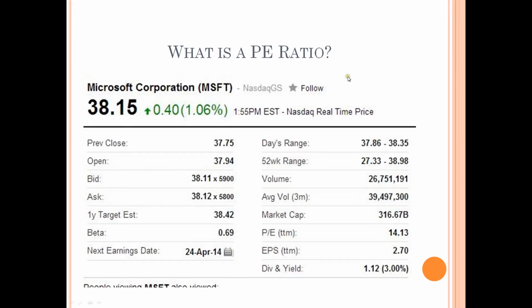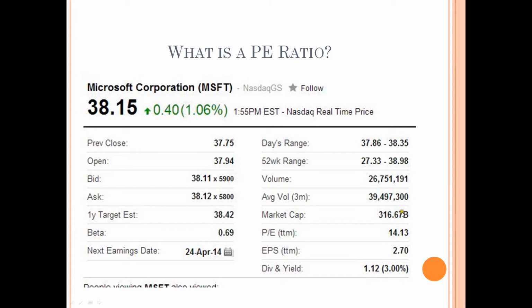So here's a snapshot of a Yahoo platform of Microsoft. I like Yahoo. They've got a nice little platform for me to analyze a lot of things. It's not perfect in every way, but for this purpose, it's got an aesthetically pleasing display for us. The market cap, the total value of Microsoft, is here: $316 billion.